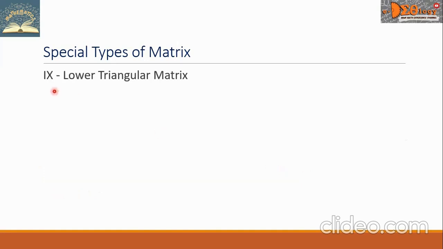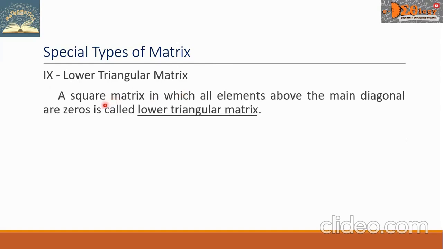Ninth type of special matrix is the lower triangular matrix. A square matrix in which all elements above the main diagonal are zeros is called lower triangular matrix. Example, we have here 2, 0, 0, 3, 8, 0, 4, 5, 7 respectively in this matrix.